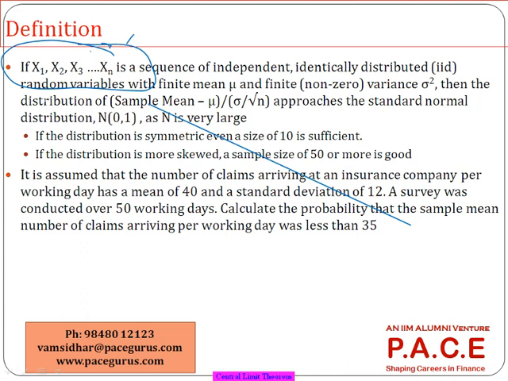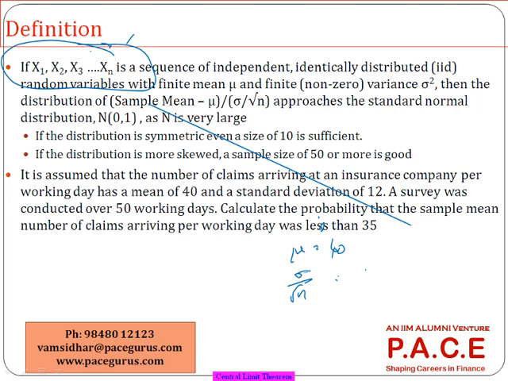Now we know that this will follow a normal distribution. What is that normal distribution? The mean for that normal distribution will be 40. For the sample mean, the mean will be 40. Plus, what is the deviation around that? Sigma by root n is the deviation.